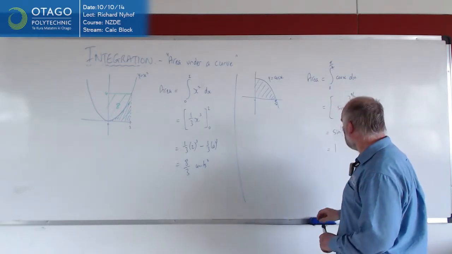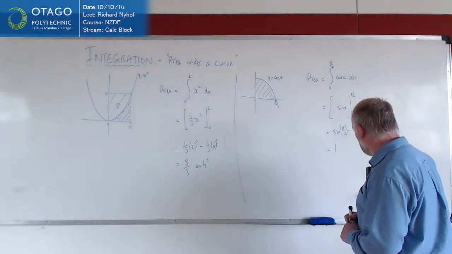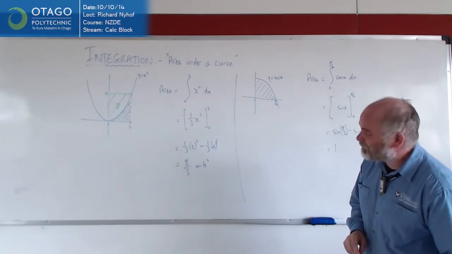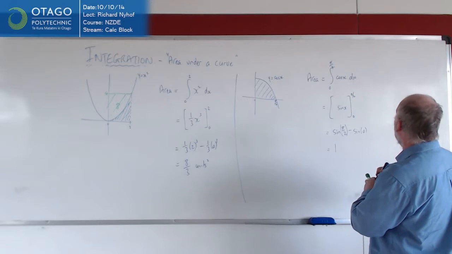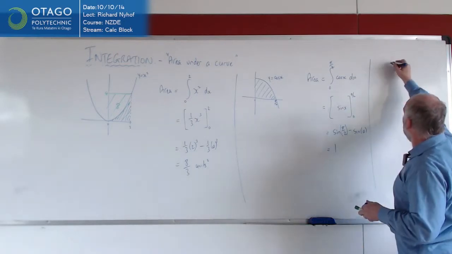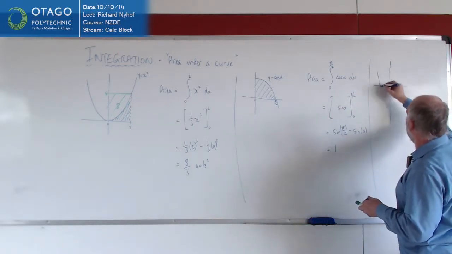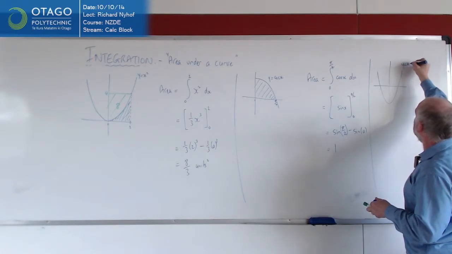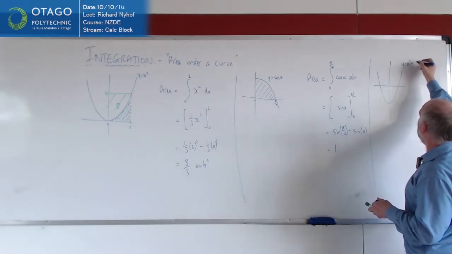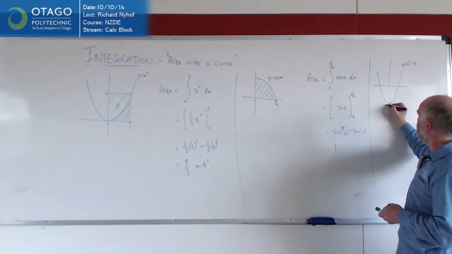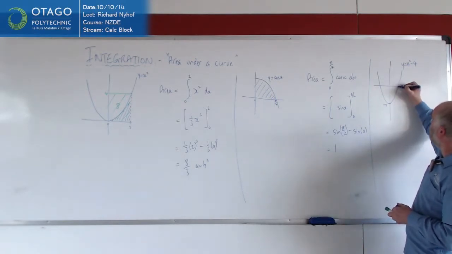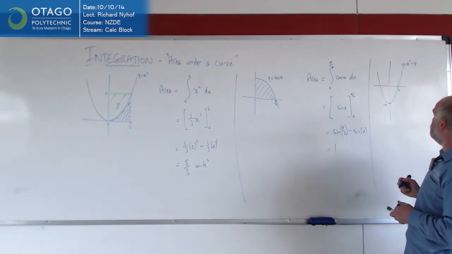Okay. Let's do a slightly cheeky one and see what we come up with. Let's go for y equals x squared minus 4. So this point here would be negative 4, which means this cutoff point here is 2.